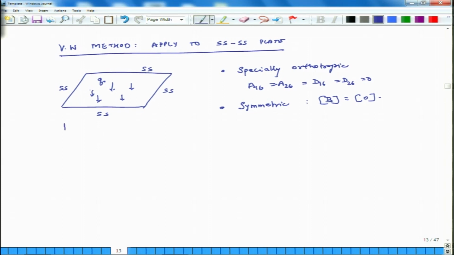The dimensions of the plate are A. So, this is my x axis, this is my y axis. So, the dimensions of the plate are A, and this dimension is B.